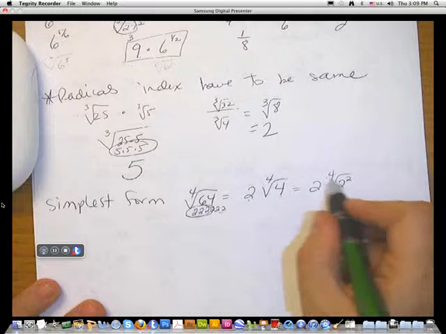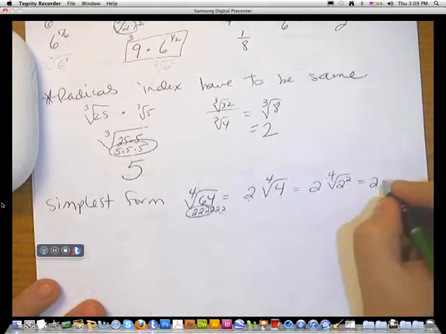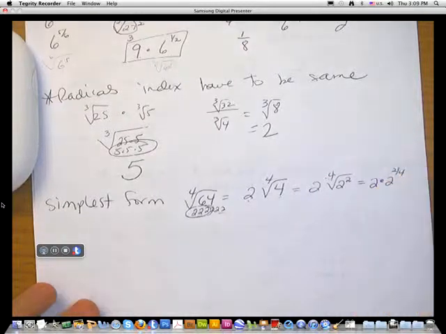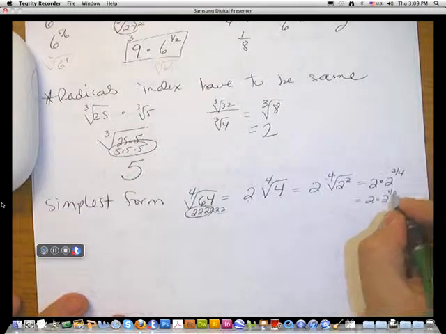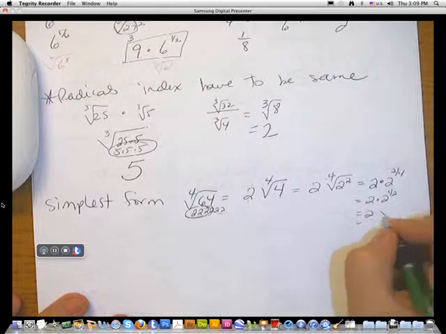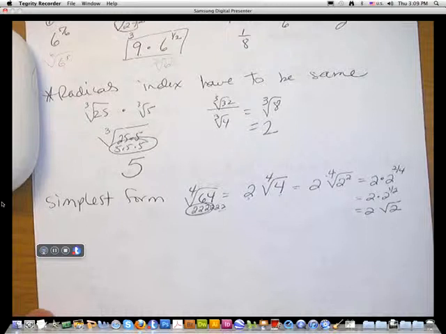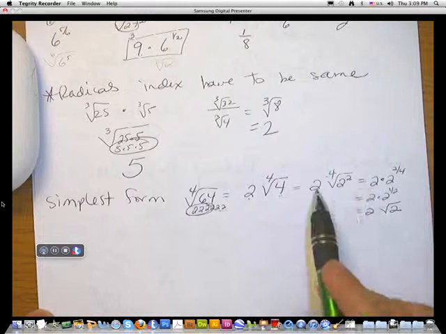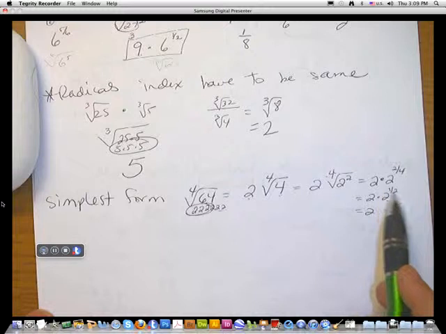Well, if I can do that, then I can also say in over out. Well, that reduces to 2 times the square root of 2, which is 2 radical 2. Definitely go back over this problem and make sure you understand how to rewrite things so that you can simplify the parts.